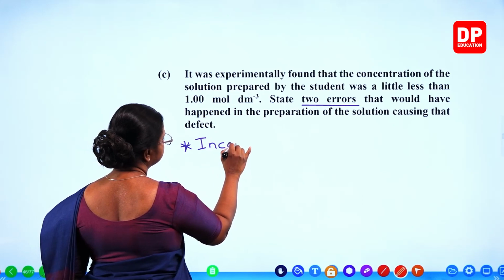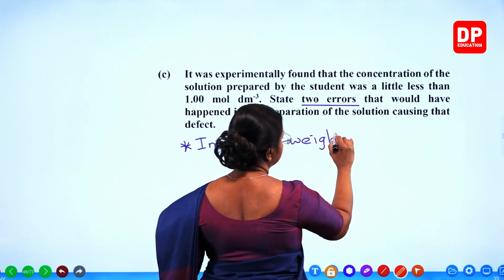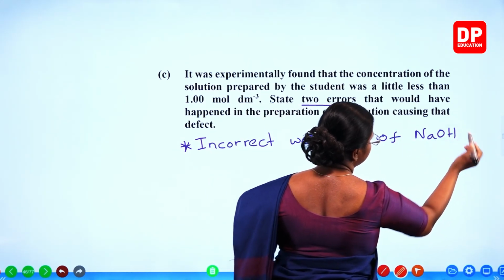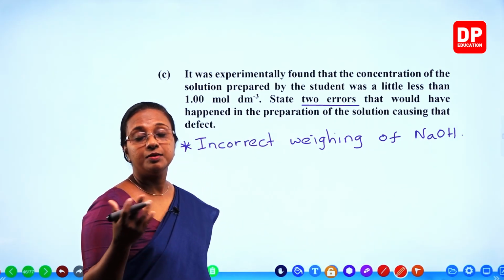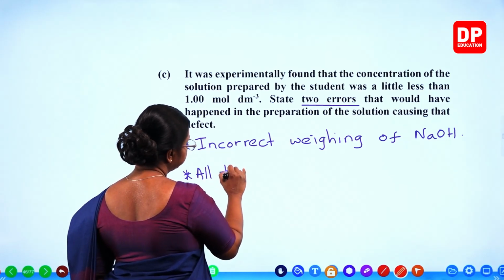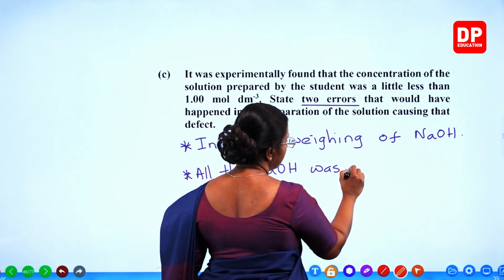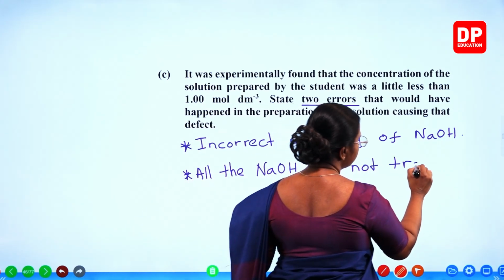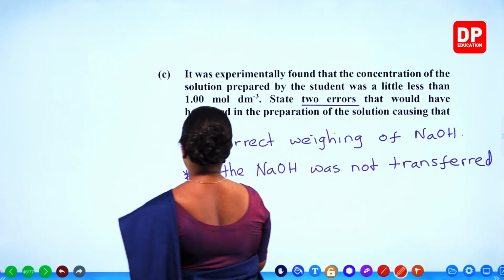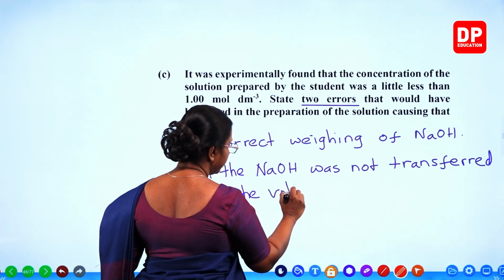Incorrect weighing of NaOH, or you can say NaOH was not weighed correctly, then all the NaOH was not transferred into the volumetric flask.